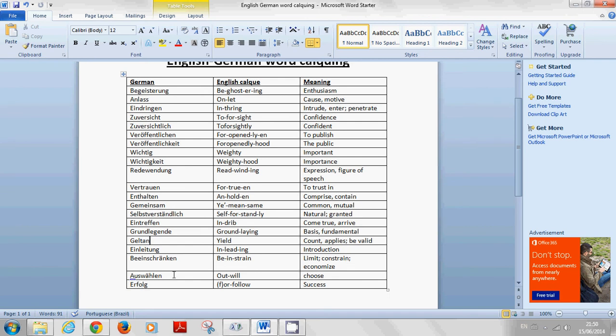This next one, auswählen. It's a little bit further away because English has been separated from German proper for probably near 1500 years now, but it was closer to Danish and Frisian than anything else. But this out-will-something is to choose or select.